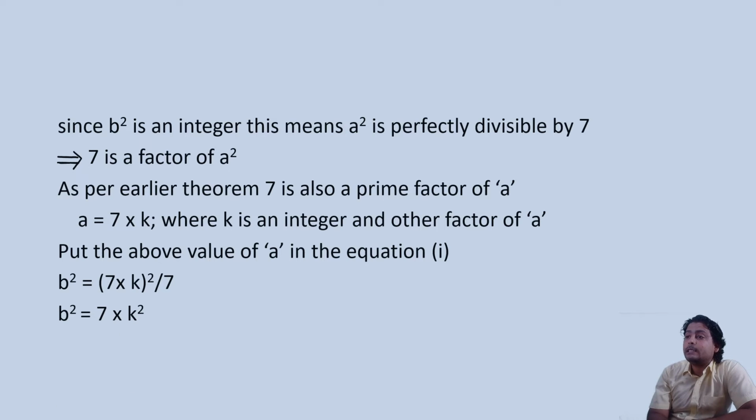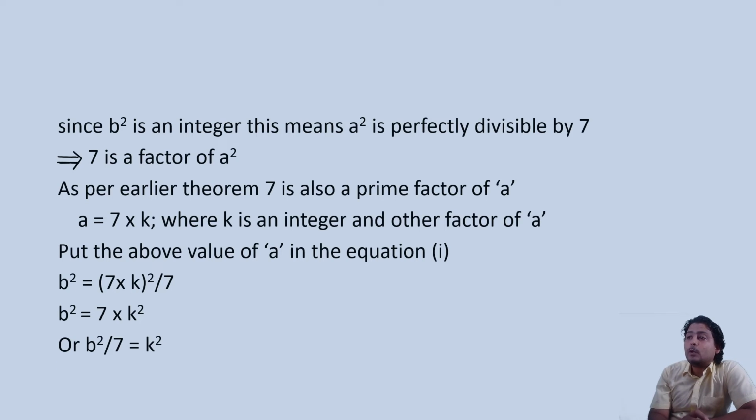After simplification, what we will get? We will get b square is equal to 7k square. In the previous equation, where 7k square divided by 7 is there, the 7 in the denominator will cancel one 7 in the numerator and one 7 will remain. So that's why b square is equal to 7 into k square.